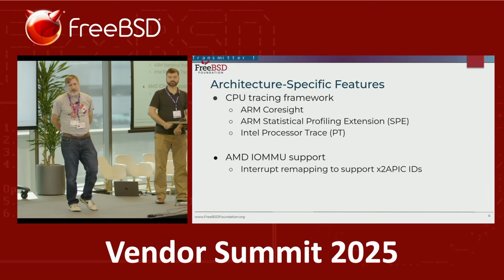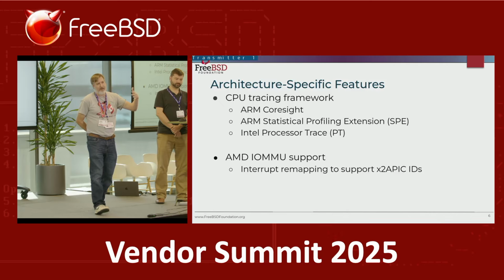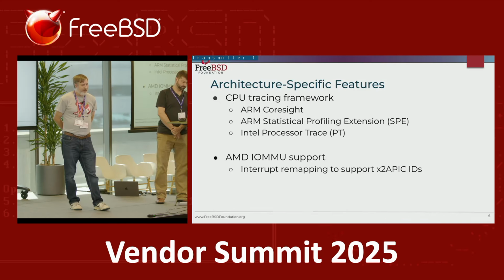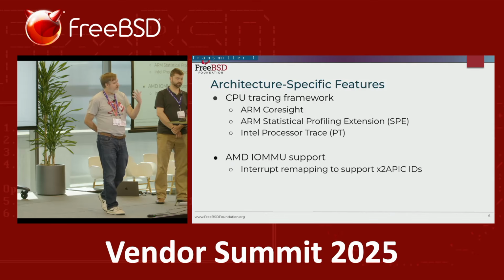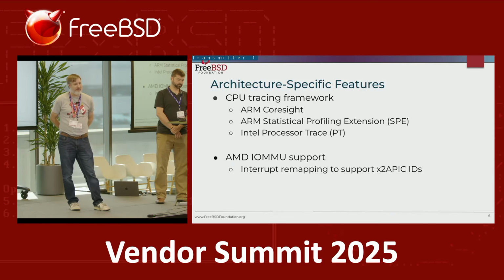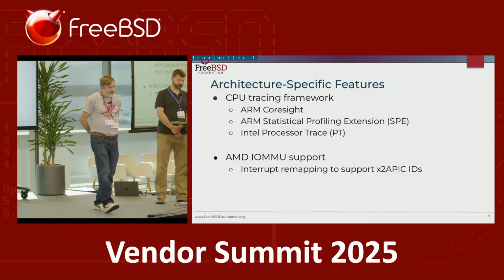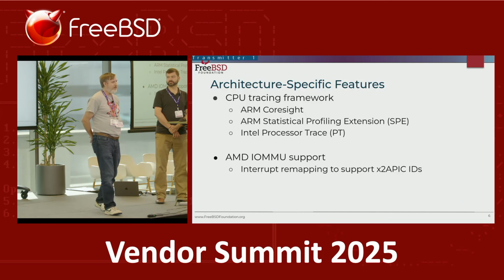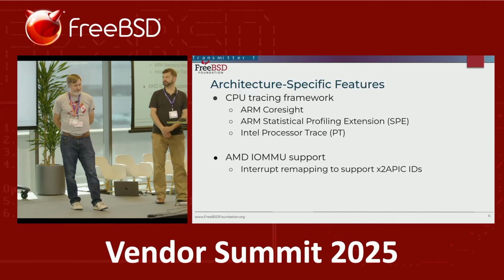So for example, you can trace a sequence of what branches are taken and maybe some metadata about the branches that are taken. We have the framework that was added for this, as well as architecture-specific backends for several different instantiations of this on hardware, including CoreSight on ARM, and then I believe the successor to that, SPE on ARM, as well as the processor trace extension on Intel processors.